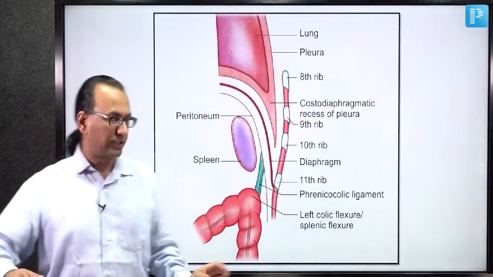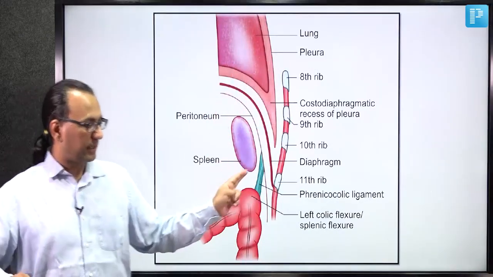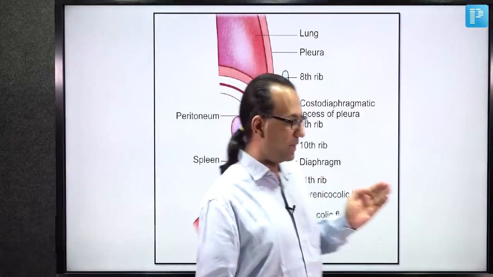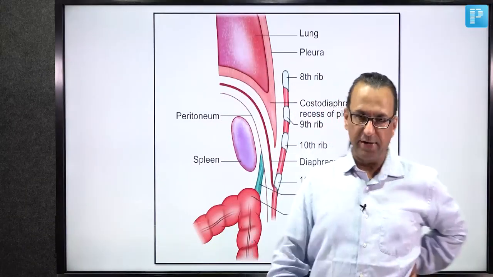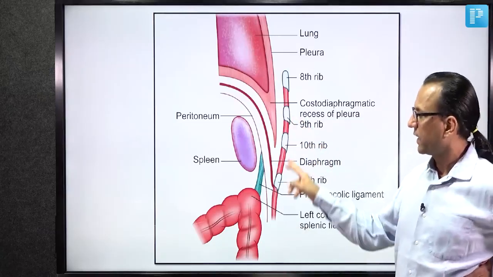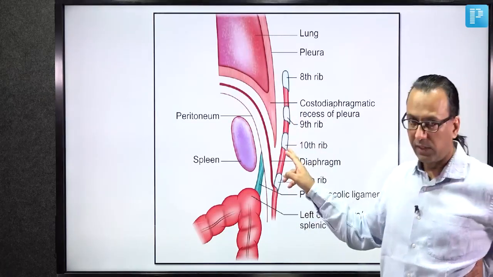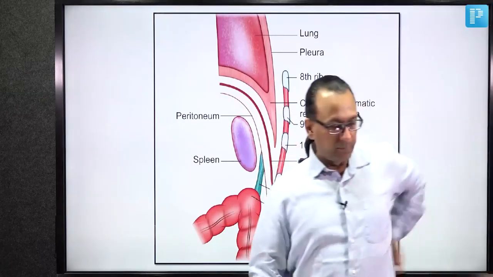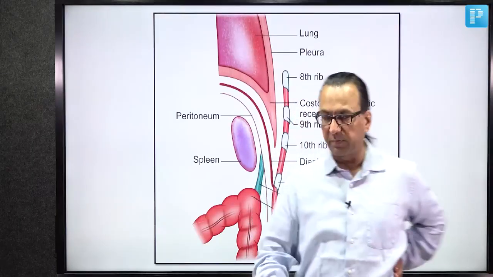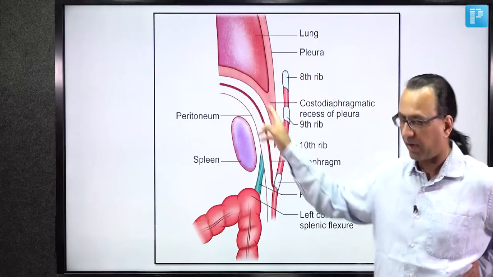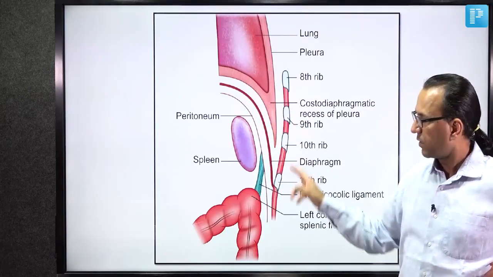Let us look at the relations of the spleen as well. As it is understood, the spleen will be in the abdomen region, and it is on the left side related with ribs number 9, 10 and 11. The central axis will be the 10th rib. The spleen will have some visceral relations anteriorly, whereas posteriorly it will be lying on the diaphragm and also ribs number 9, 10, 11.